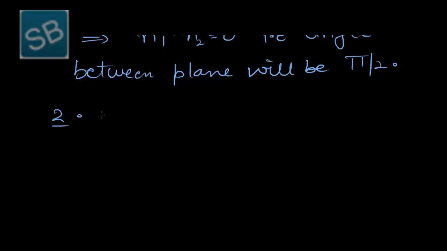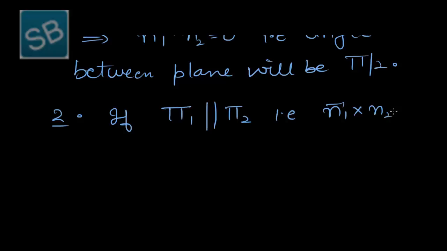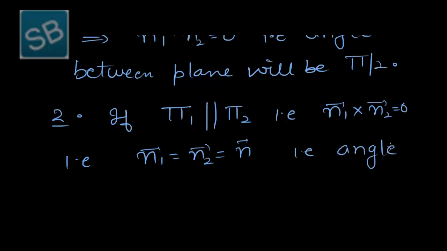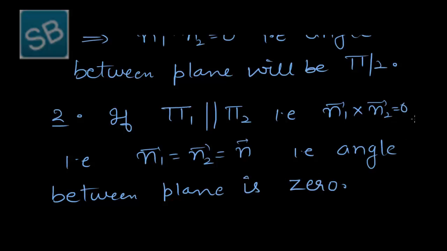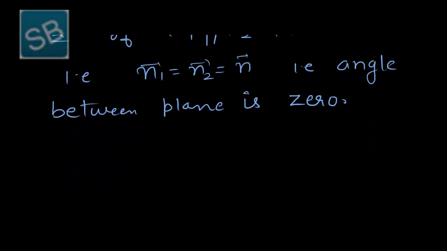Now the second case, if both planes are parallel, pi 1 is parallel to pi 2, that is n1 cross n2 is 0. That is n1 is equal to n2 is equal to n. That is, the angle between planes is 0. As lines are parallel, the angle between them is 0.